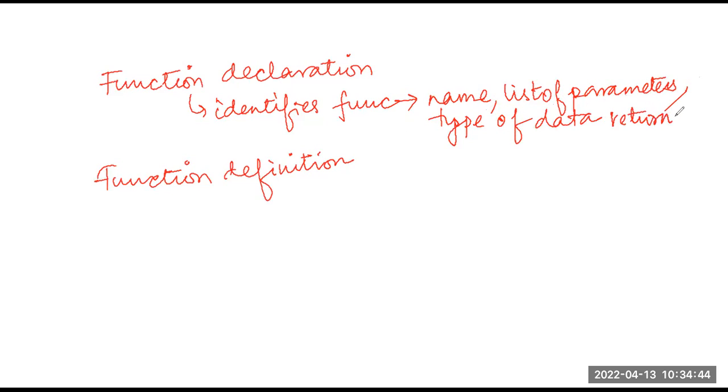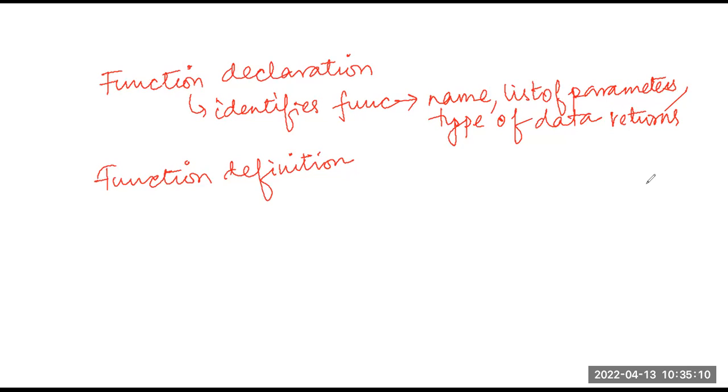So these all will go in function declaration. Fine. So whenever we were declaring a variable, we write int I. Why? Because I is the name of the variable and int is the data type of the values this I can take, right? Similarly, whenever you declare a function, you need to give the function name, the list of arguments it will accept, the type of data it will return, so like this.